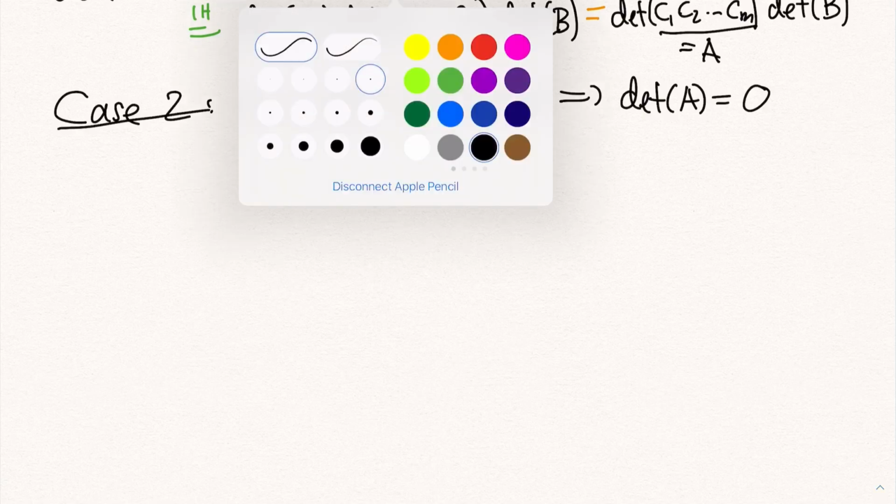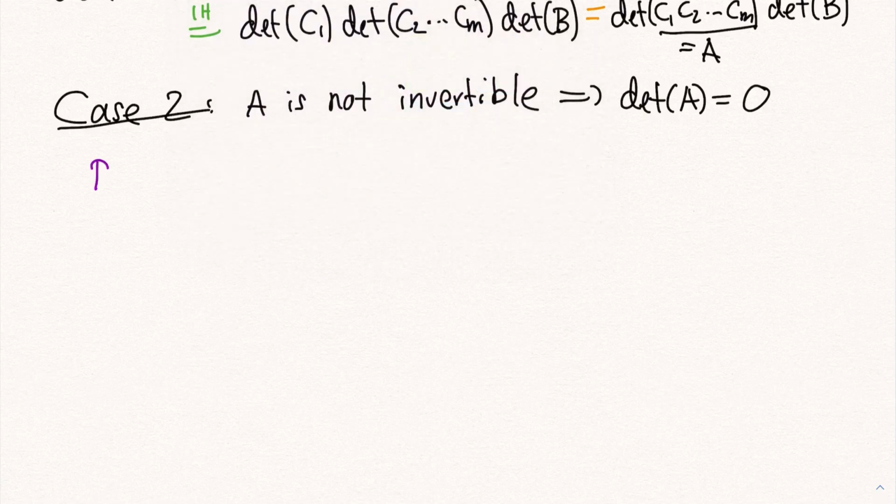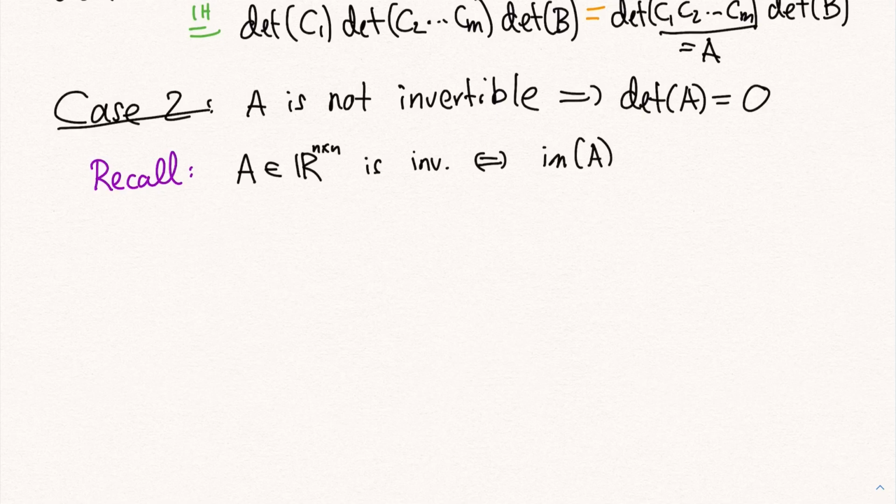So maybe here recall: a square matrix is invertible if the image of this matrix A, so the image of A were all possible vectors I can obtain if I multiply vectors with A.